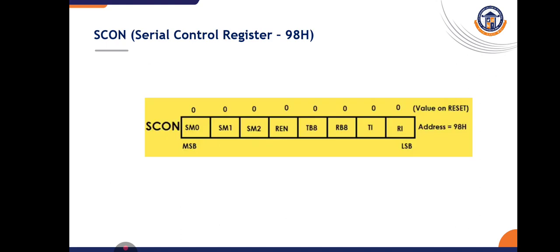This is the SCON register, the serial control register. It is in the SFR, the special function register, used to control the 8051 microcontroller serial port. It is located at address 98H.